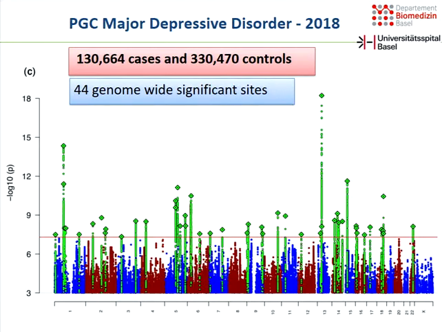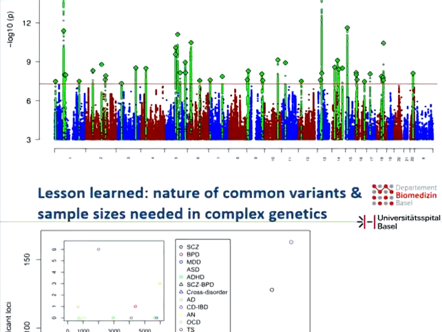So this is probably the biggest sample size in the Psychiatric Genomics Consortium that was needed to identify genome-wide significant sites for major depressive disorder, which tells us something about the genetic architecture of these various disorders, in particular major depressive disorder, but also the other psychiatric disorders.